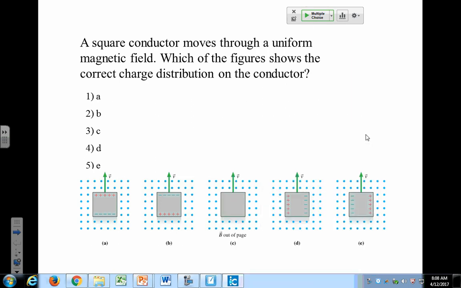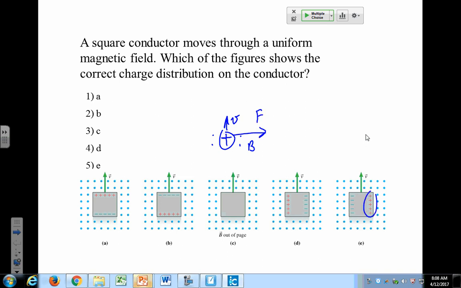Remember, think about our particles: if I have a positive particle moving through this magnetic field, the positive particle moves in this direction with a speed v. The magnetic field is out of the page, so v is up, the magnetic field is out of the page, and so my force then is in this direction.